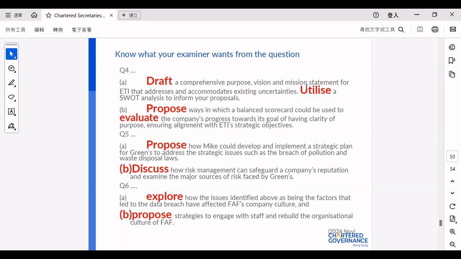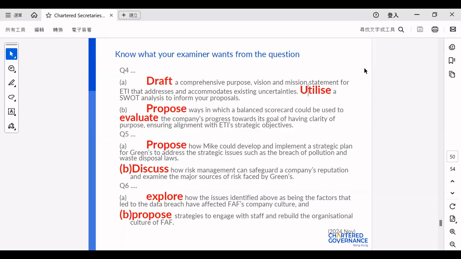It's very clear that there are two parts in these questions, and marks will be given to each of the parts. If you don't utilize the SWOT analysis, or you just write down a SWOT analysis without using it in relation to the proposal or the mission, then you still don't get good marks.